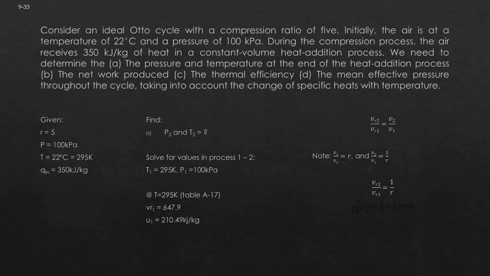Now, plugging in the given values, vr2 over 647.9 equals 1 over the compression ratio, which is 5, and we get 129.58, and this will be our vr2.